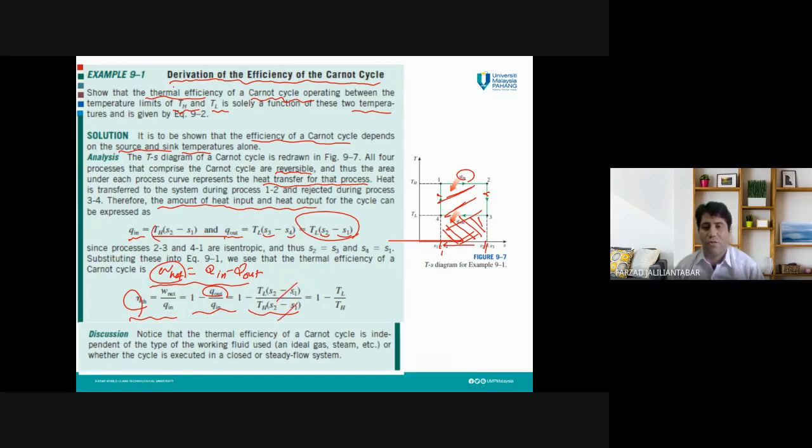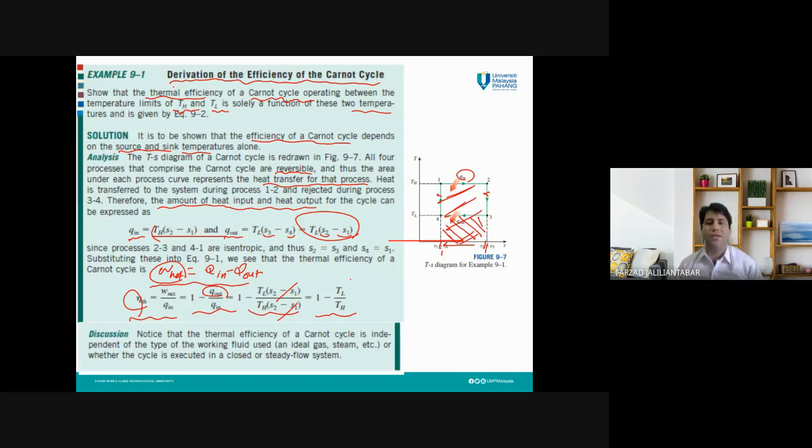These two terms will cross out, and we have only TL divided by TH. This is also a proof for calculating the thermal efficiency of the Carnot cycle. So the thermal efficiency of a Carnot cycle is simply dependent on TL divided by TH.